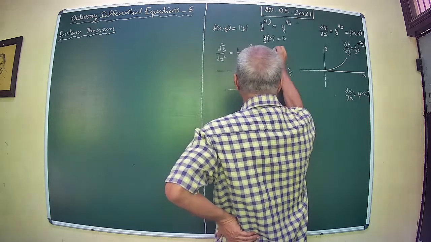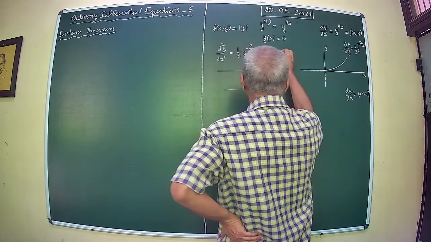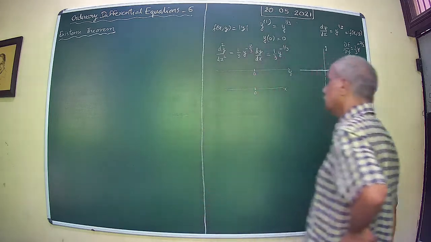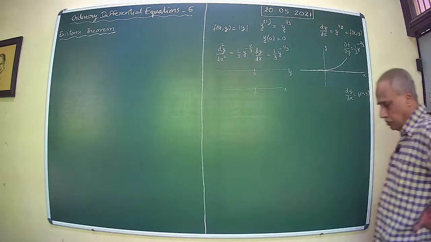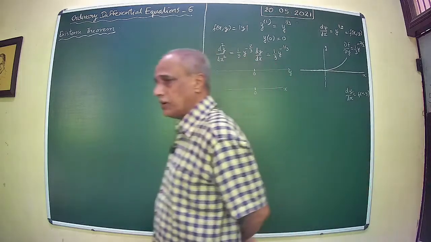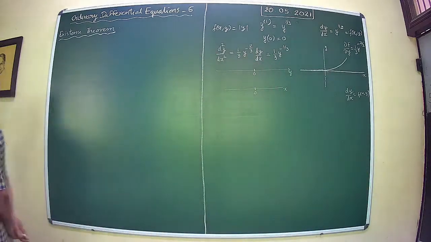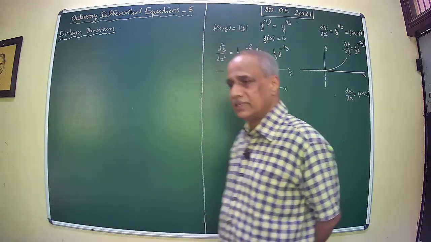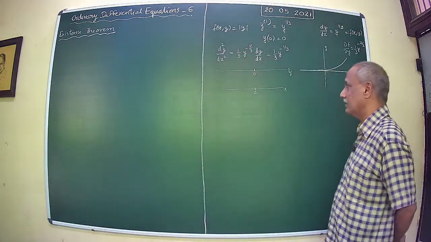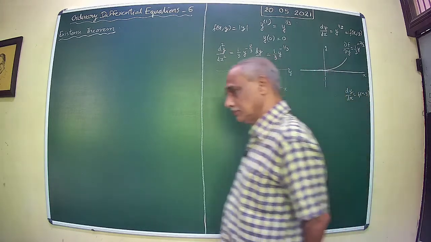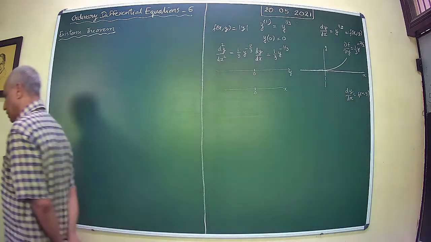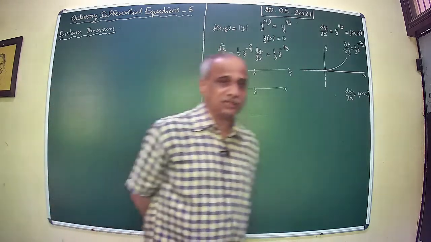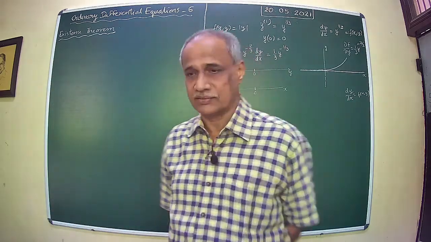Therefore, you end up with 1 by 3 y to the power minus 1 by 3. And you know that the dynamical interpretation for the second derivative is the acceleration. Acceleration is equivalent to a force acting on the system. Therefore, by Newton's law, the rate of change of momentum is proportional to the impressed force.